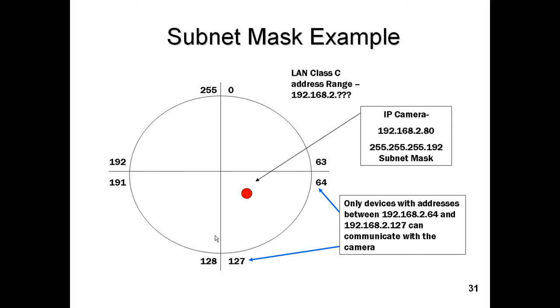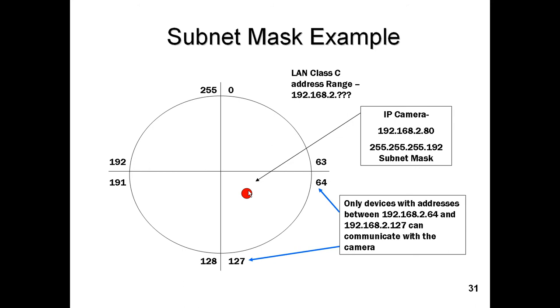Now, let's take an example where we're going to take an IP camera and we're going to give it the IP address 192.168.2.80 with the subnet mask of 255.255.255.192. Now, do you see that puts that camera into the second quadrant, reading like a clock, the quadrant that is from 64 to 127.